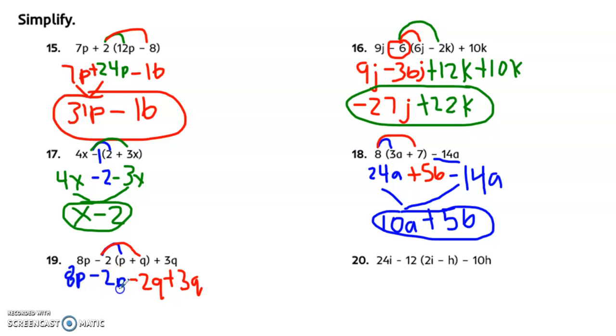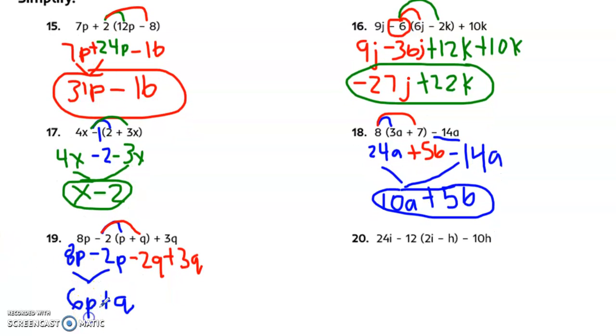Then we can combine these p's. 8 minus 2 is 6p. And 3 and negative 2 is just 1q. So 6p plus q is our final answer.